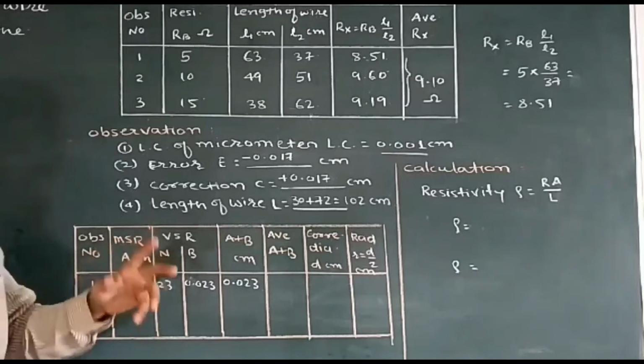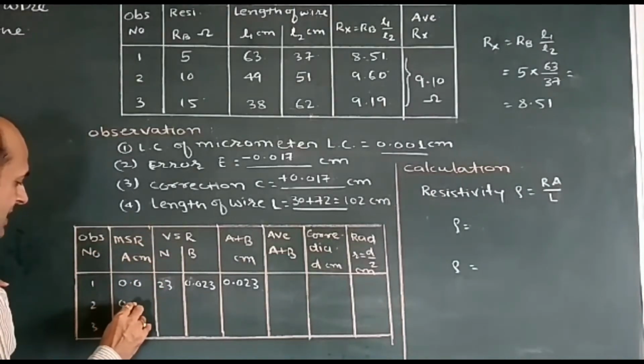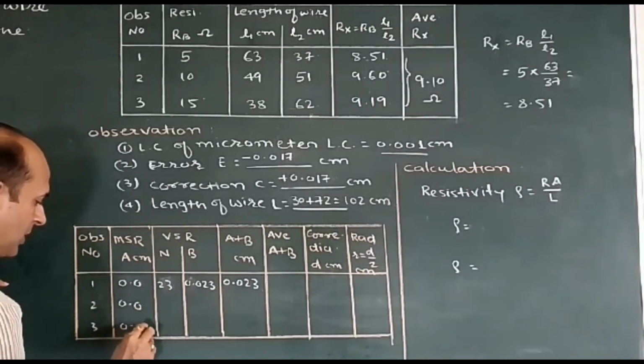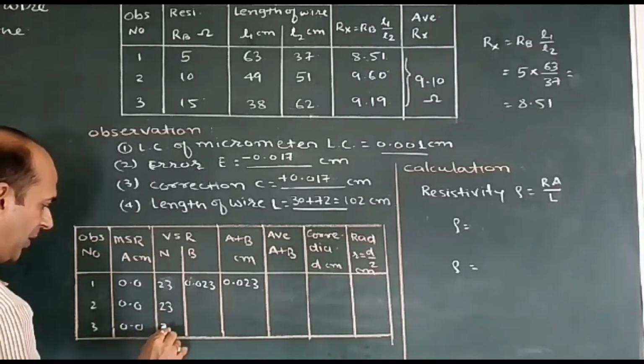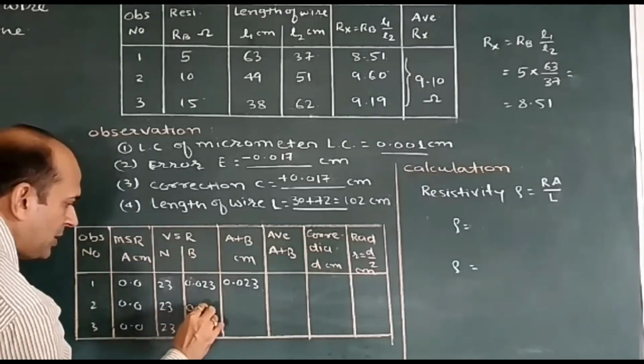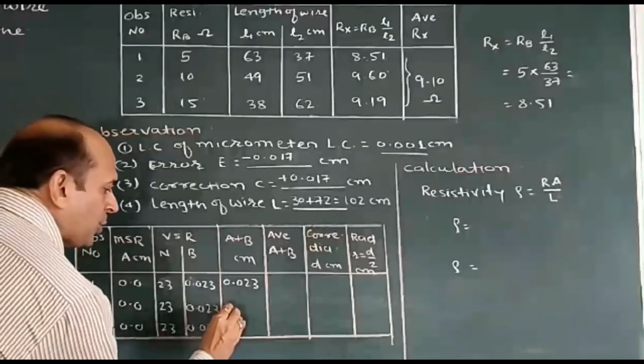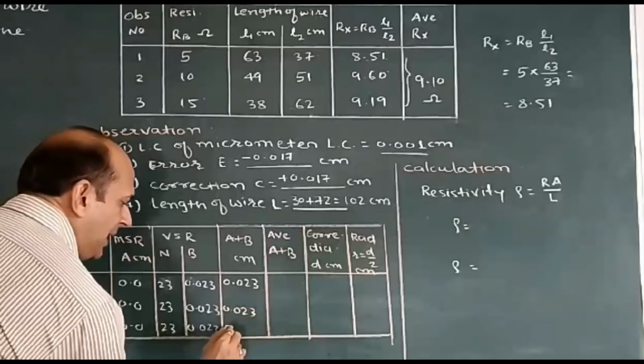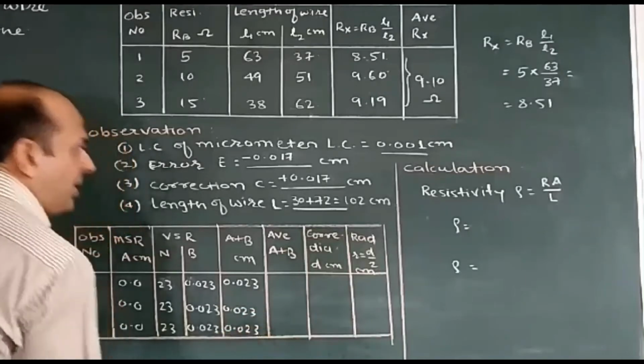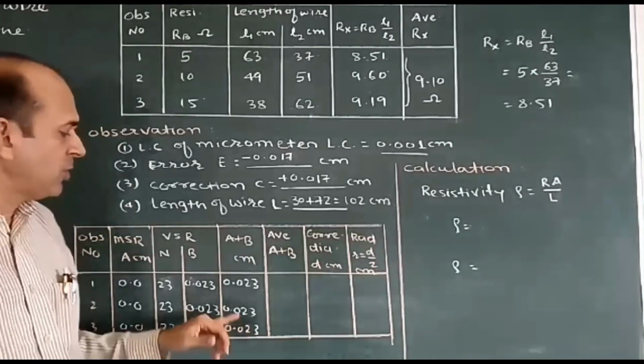Now for the second and third time, suppose it is the same, so you write the same value, 0.023, 0.023, and the total value is also 0.023. Now let me write the average of these three values.